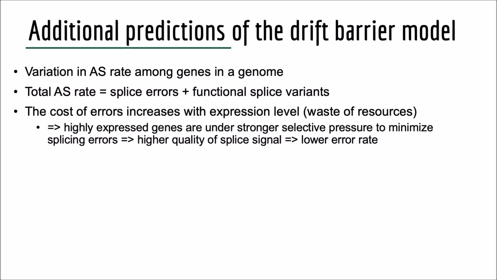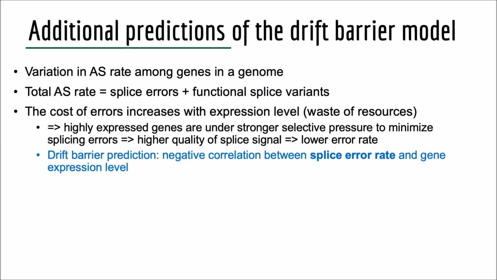So you expect highly expressed genes to be under stronger selective pressure to minimize splicing errors. And so you expect a lower rate of splicing errors among highly expressed genes. So the drift barrier prediction is that there should be a negative correlation between splice error rate and gene expression level across genes in a genome.